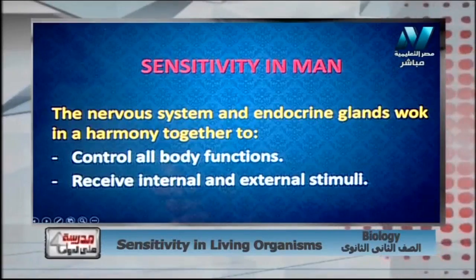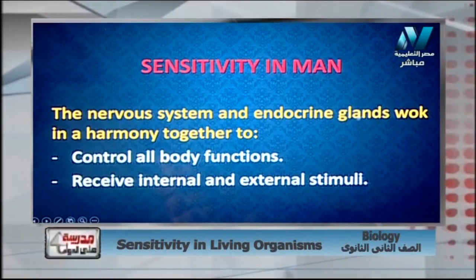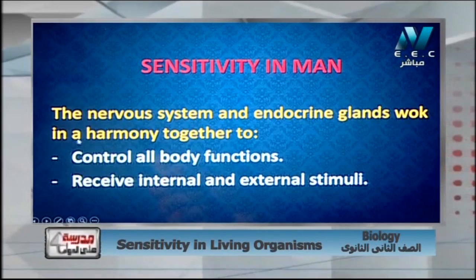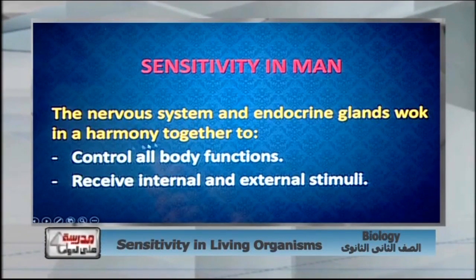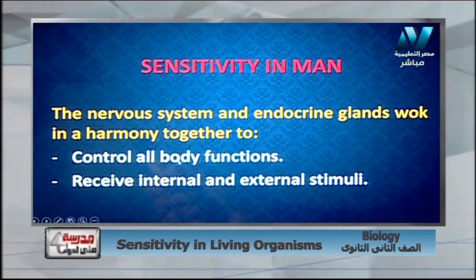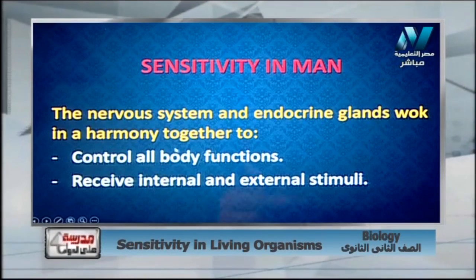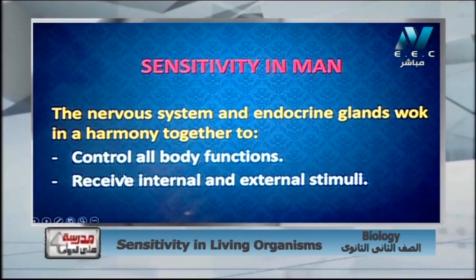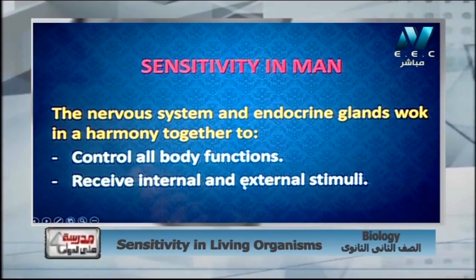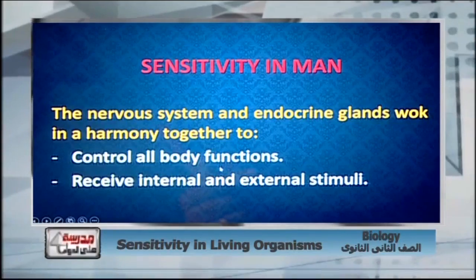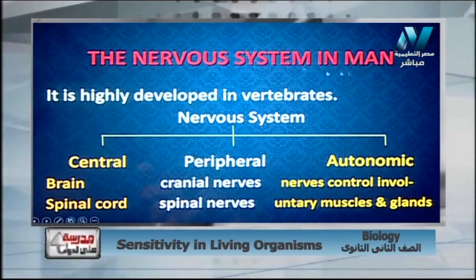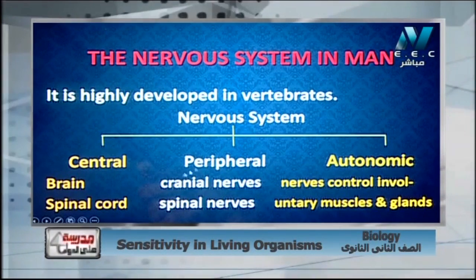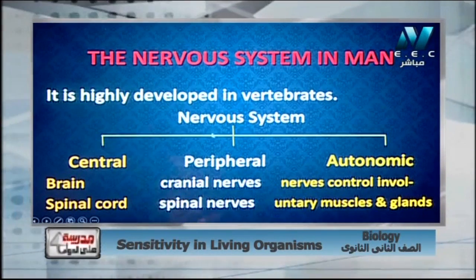So the nervous system and endocrine glands work together in harmony in the human body to control all body functions and systems, and to receive internal or external stimuli and give the suitable response to them. The nervous system in man can be divided into many parts.